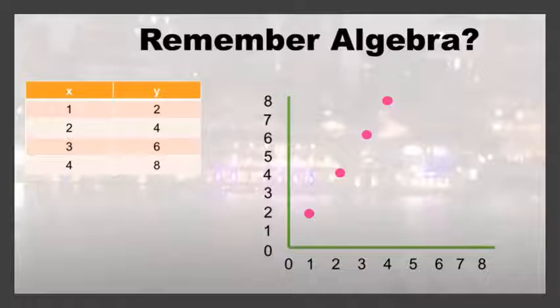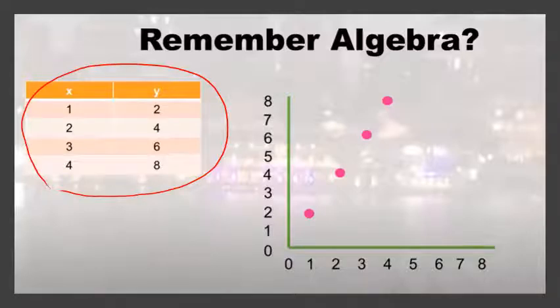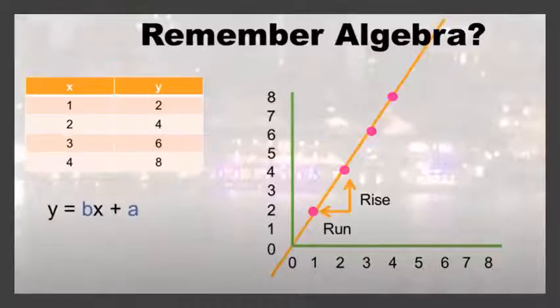But first of all, I want you guys to remember what happened in algebra, back in high school or whenever you took it, because we're doing a similar thing. That was almost like the precursor to what we're going to be doing now. Remember back in the old days when you were given some points to plot, and they were all in a nice perfect line, and then you just drew your line?